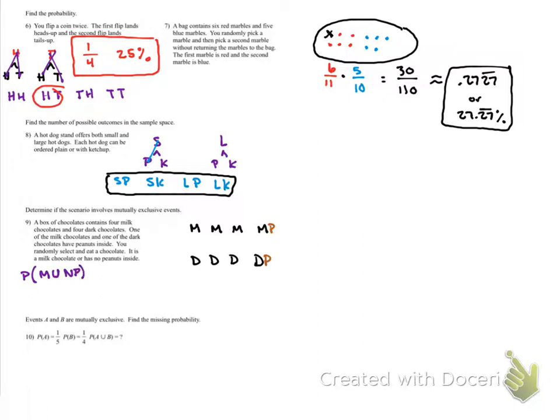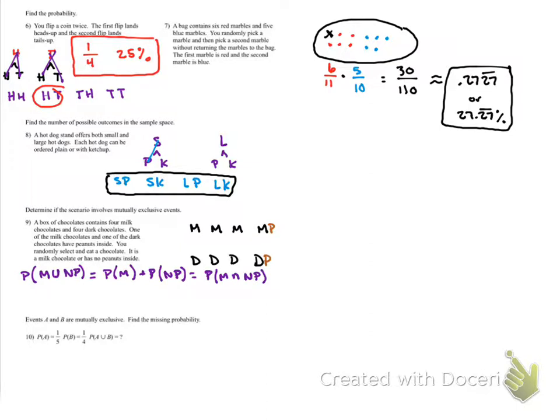If we extend that out, we look at our OR formula: the probability of A or B is equal to the probability of A, in this case milk chocolate, plus the probability of B, has no peanuts inside, minus the probability of milk chocolate and no peanuts.